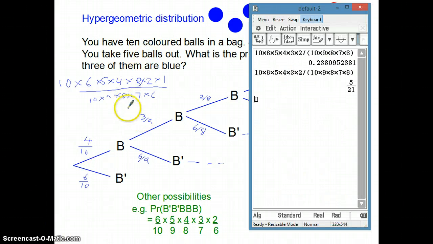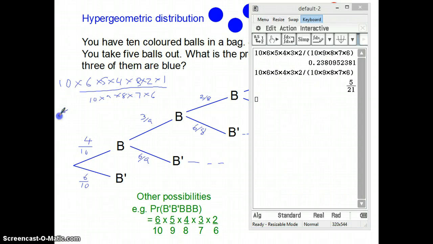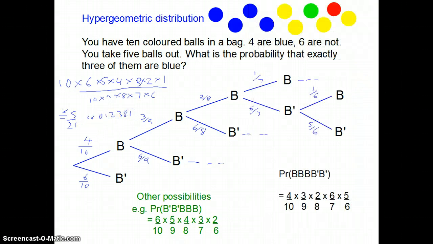And if we work that out in the calculator, we get 5 out of 21, or 0.2381 to four decimal places. So just to put that back into the context of the question, the probability that we get exactly 3 blues when we take 5 out of a bag of 10, where 4 are blue and 6 are not, is 23.81%, or 5 out of 21.